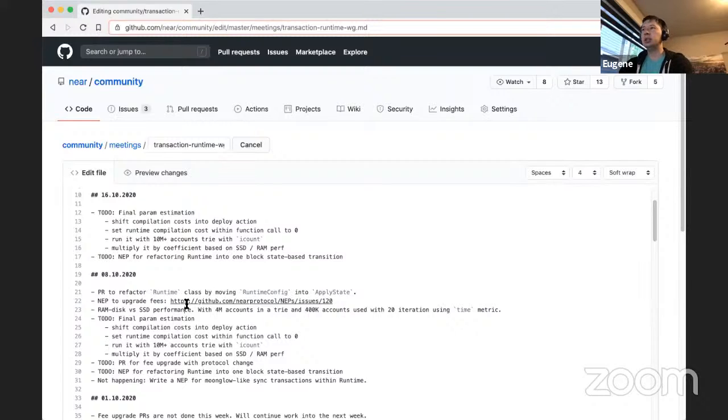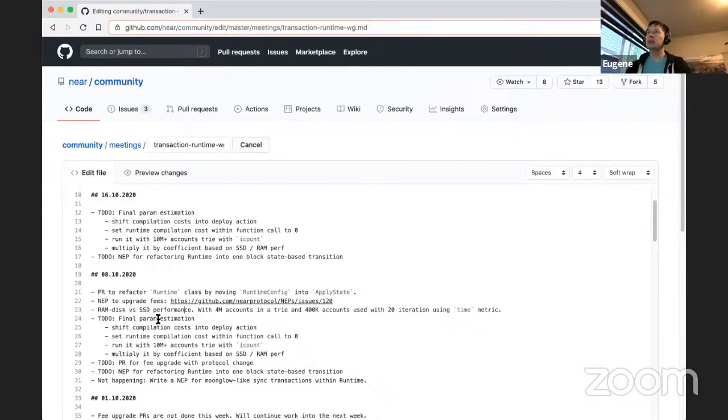We'll see the correlation between number of bytes read and written once it completes, and we will pick some coefficient to adjust all the fees to account for disk. And hopefully it will complete over the weekend, and on Monday we'll have the data.